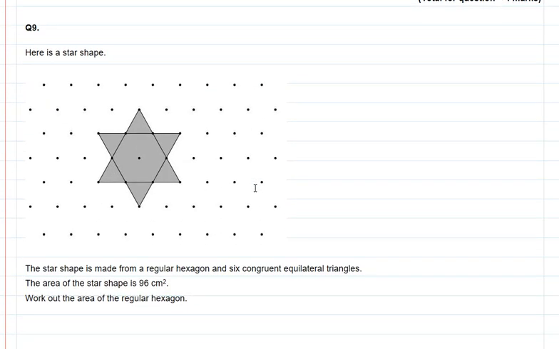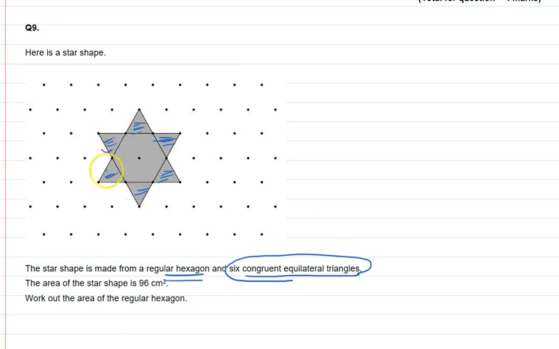Here is a star shape. So the star shape is made from a regular hexagon. Hexagon means 6 sides and 6 congruent equilateral triangles. So this line is really important: 6 congruent equilateral triangles. So you can see 1, 2, 3, 4, 5, and 6.